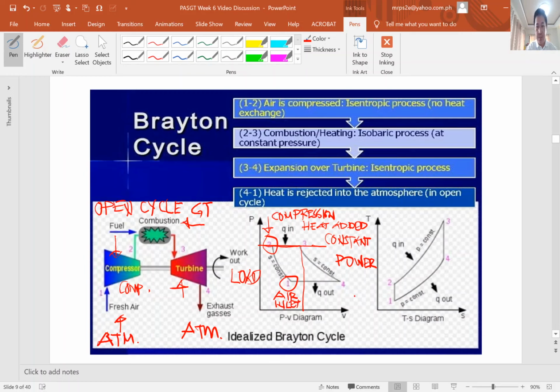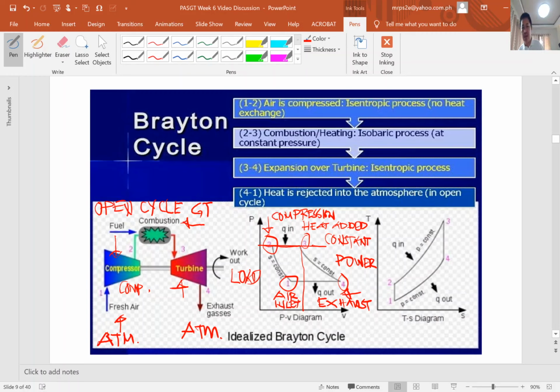So this is 3 to 4, and 4 to 1, going there, is heat rejected, or in other words, exhaust.